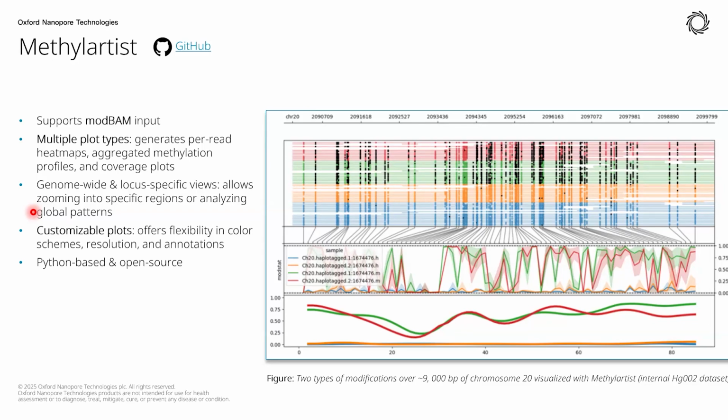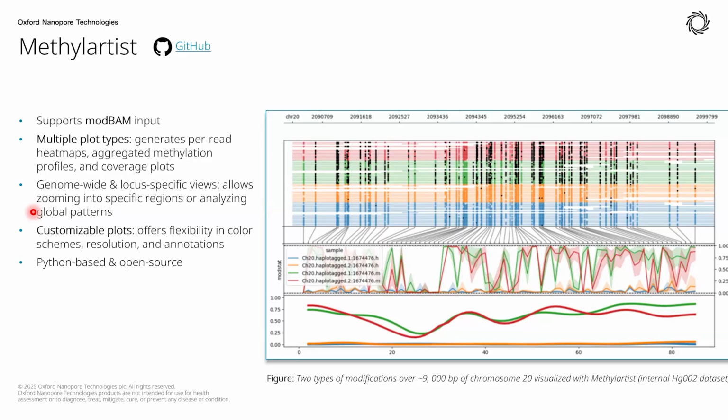MethylArtist is great at making these really nice, informative, and easy to understand charts. So here you can see it's doing a comparison between 4 different haplotypes, showing ones that are hyper and hypomethylated for these regions.